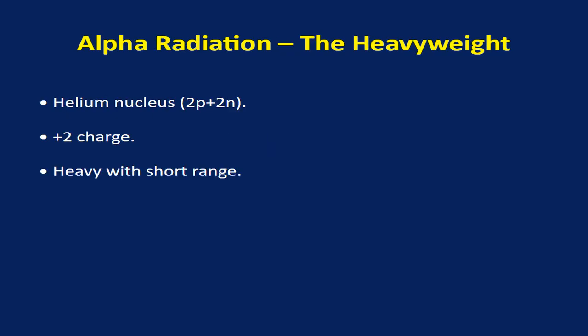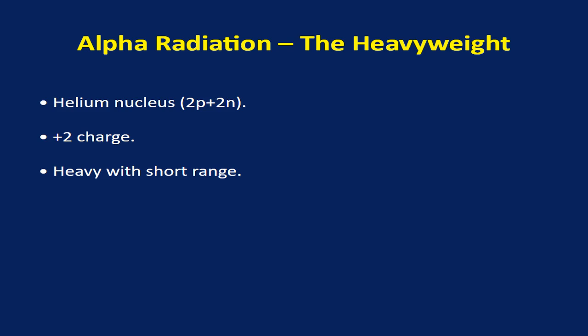Alpha radiation, the heavyweight. Now let us look at the decay modes, the ways atoms spit out energy. First is alpha radiation. An alpha particle is like a heavy cannonball.